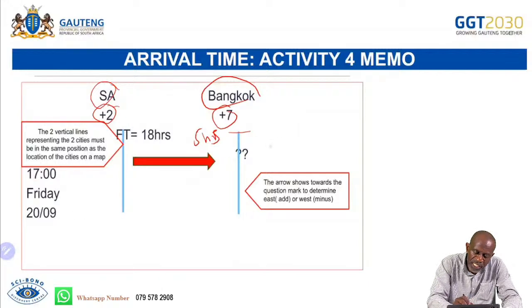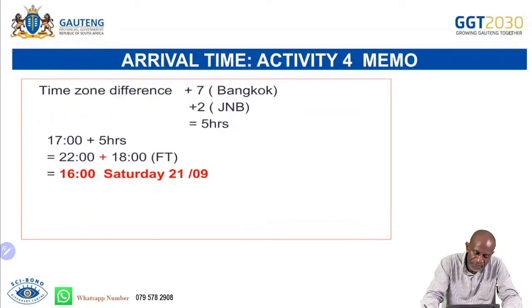So we want to determine the time here. The question mark is the time to determine. The arrow is pointing towards the east.